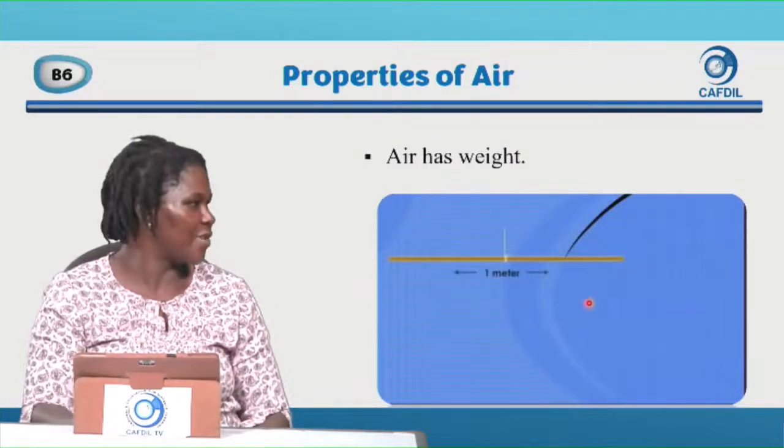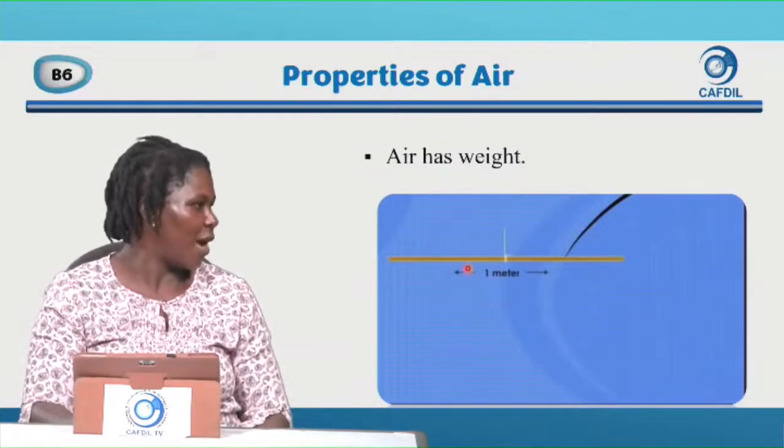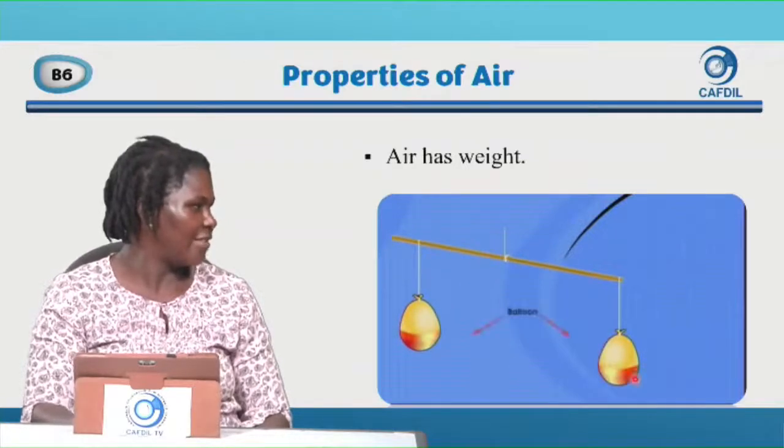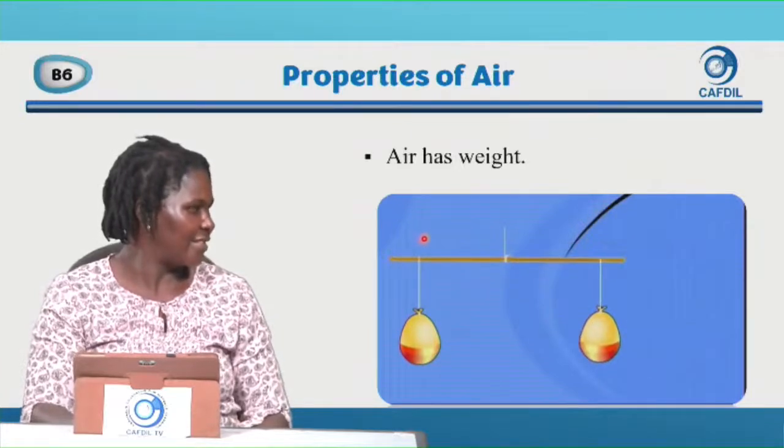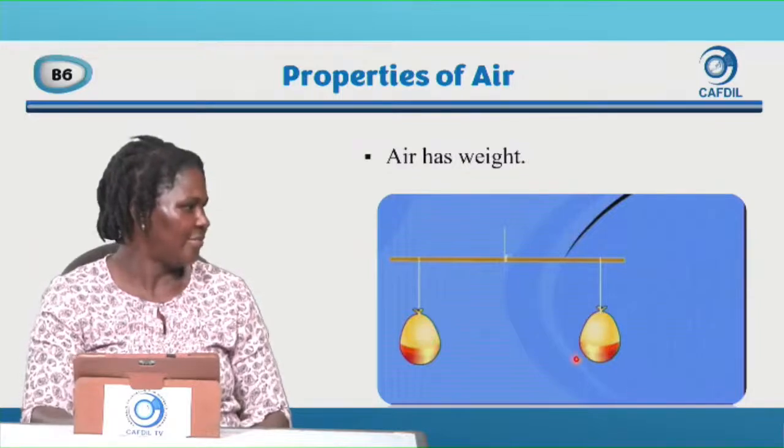Let's consider this video too. We have a 1 meter rule, and we have balloons. One here, another here. And let's look at it. This shows that they are equal in weight. They are equal.